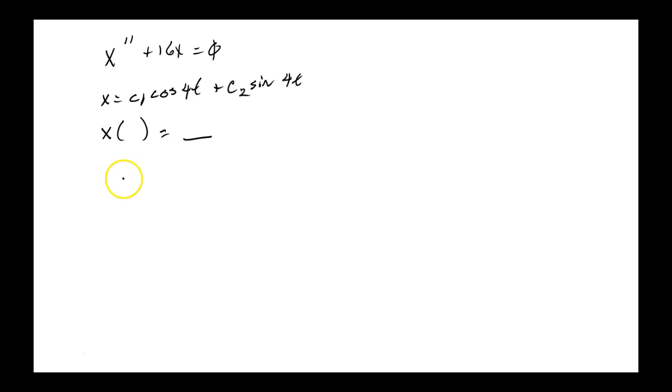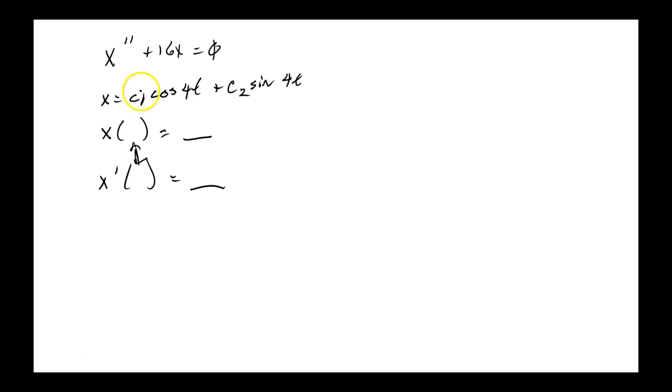But that's not all. What's the second thing we'd have to have? X prime at the same value is equal to something else. This one would be a value, that would be the slope, or the velocity, you might say.